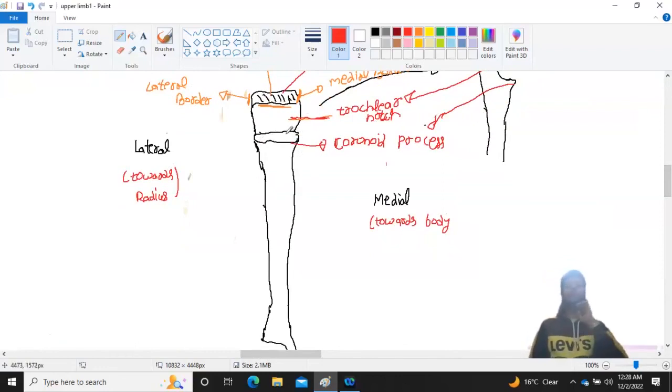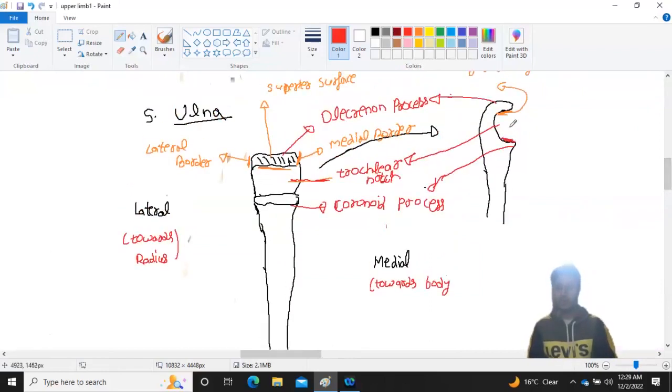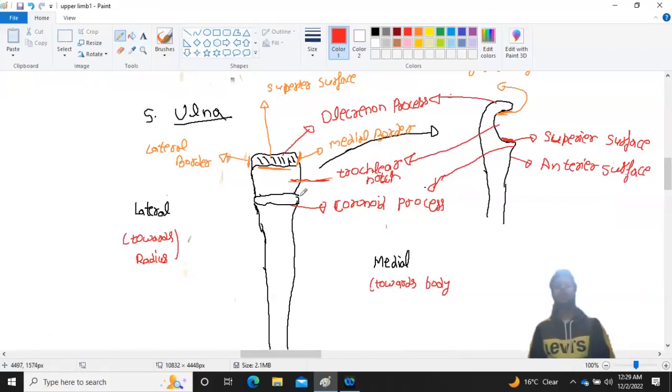Now the coronoid process also has surfaces, and this upper one is the superior surface. This is called the superior surface of the coronoid process. And one important thing in the coronoid process: there is no inferior surface. It is called the anterior surface because it is facing more anteriorly. Done. And the same thing, medial and lateral border.